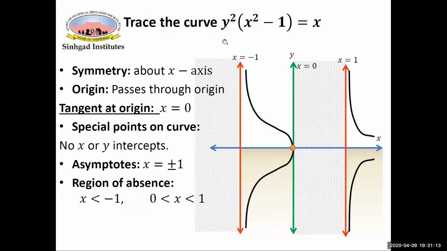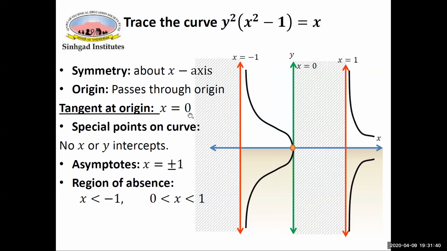Now we have to find points of intersection. If you check here, it does not have any x-intercept or y-intercept. Hence, there are no other points on the x-axis where the curve intersects.